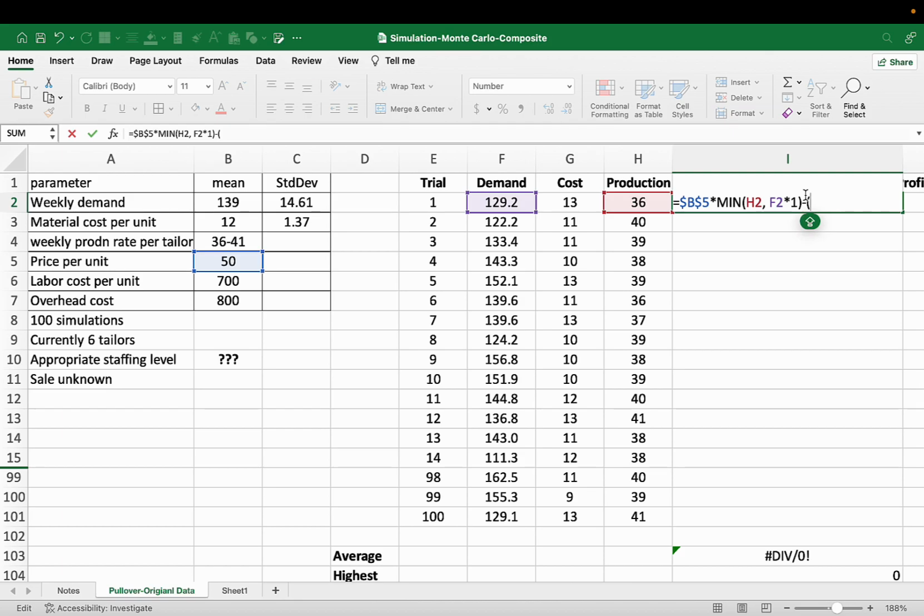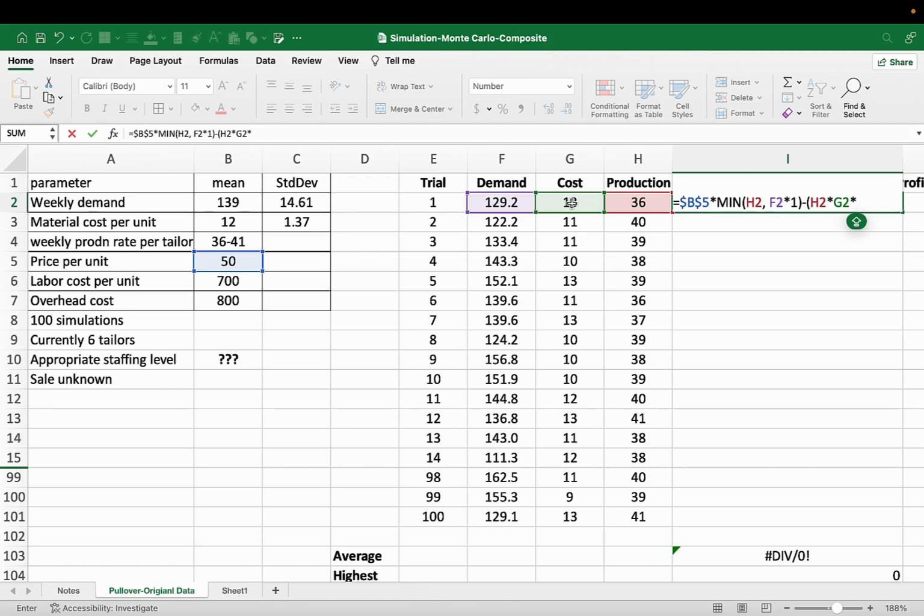So the production cost will be, let's say, H2, multiplied by cost per unit, and then, because the amount you produce depends upon the number of tailors: you have one tailor, you will produce less; you have two tailors, you will produce more; you have 6 tailors, you will produce even more.